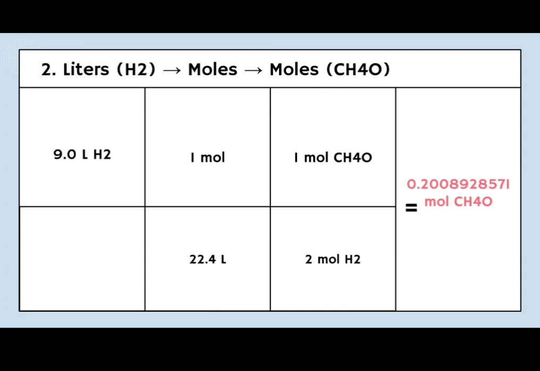So you're dividing the 9.0 liters by the 22.4 liters, and multiplying by half, and then you get 0.200892857 moles of methanol. As you can see, this answer has the least amount of moles, so we'll be using this to convert from moles to grams for methanol.